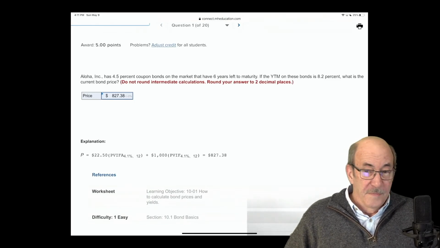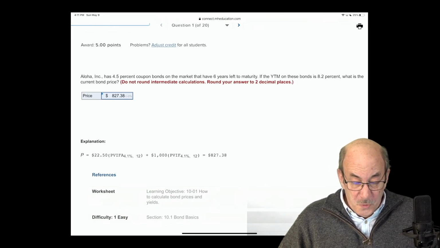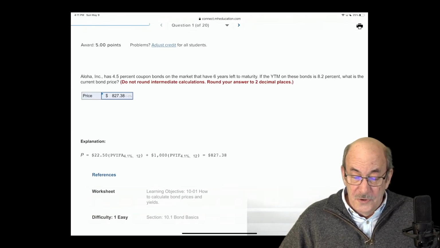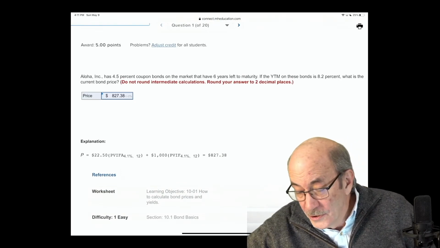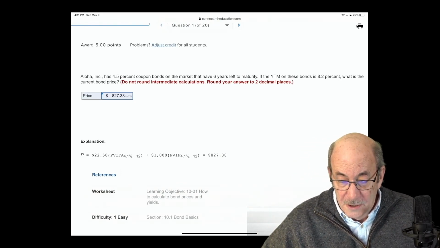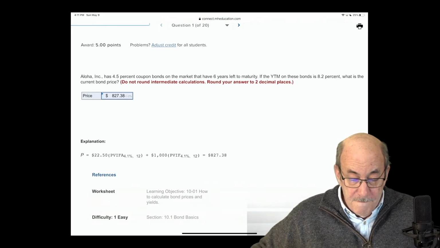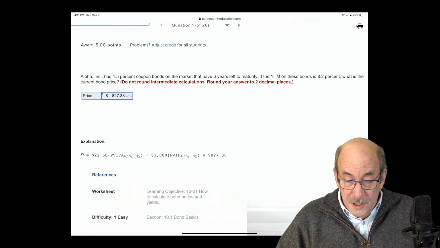Okay, all right. For this one, you could use a formula to do this, but what I would do is use my calculator. So let's see.